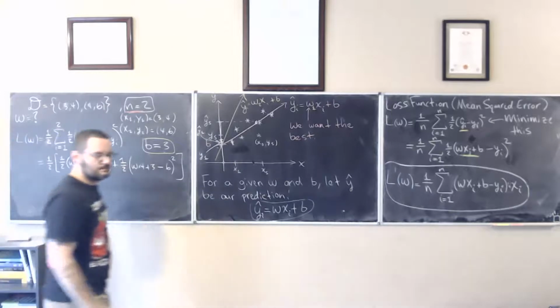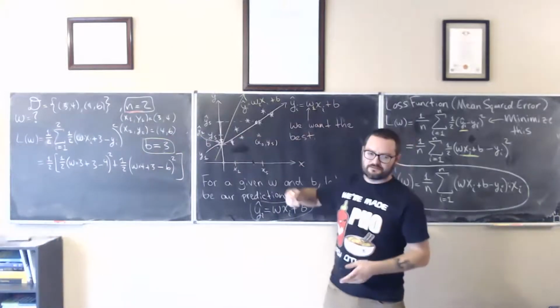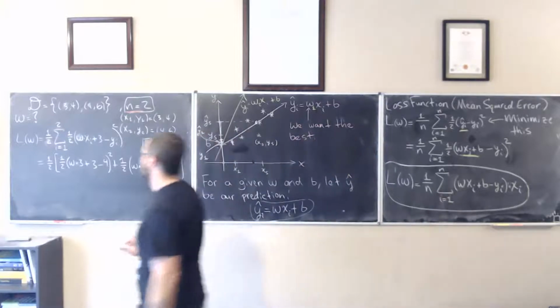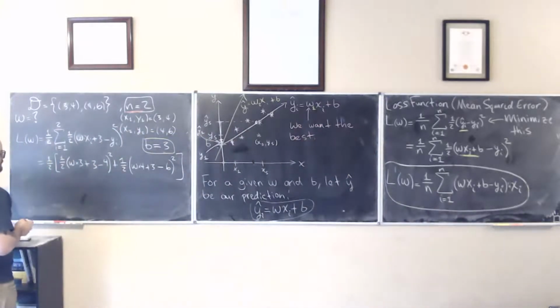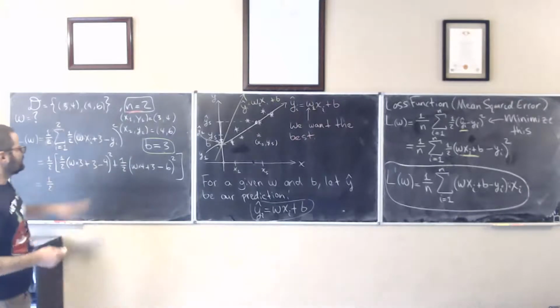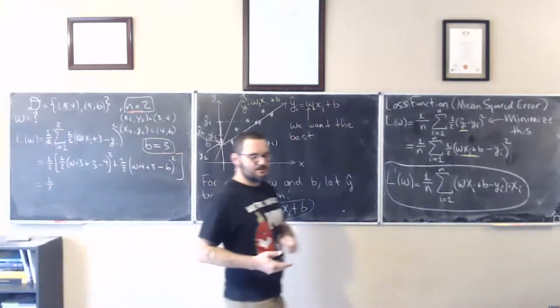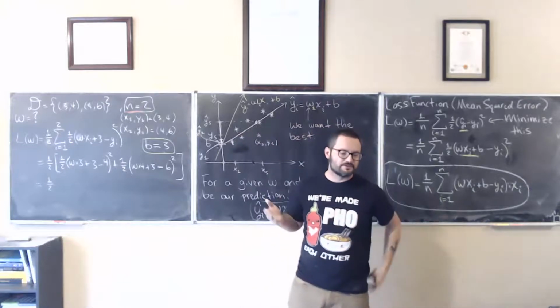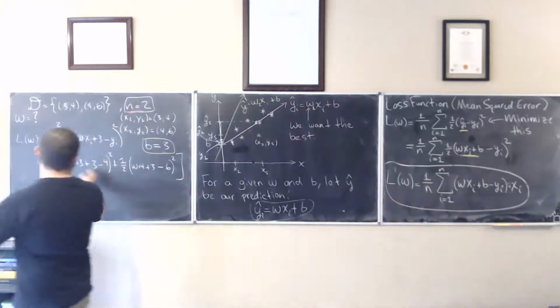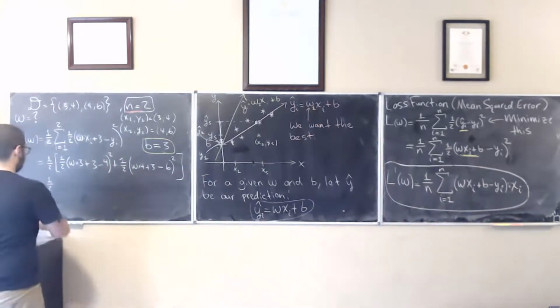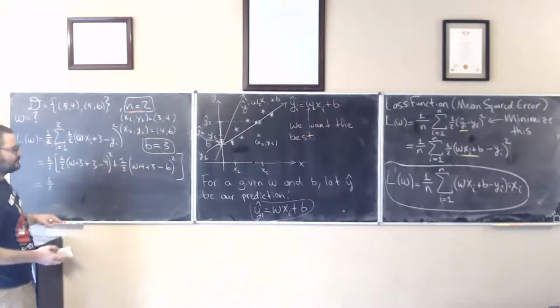Does that make sense? I'm just indexing from 1 to 2 in this case. So what does this become? Actually, plugging in the numeric values might help you understand how to index, but it might be easier to just do the derivative with variables, because these are making new numbers. So that's what that sum is for that example.